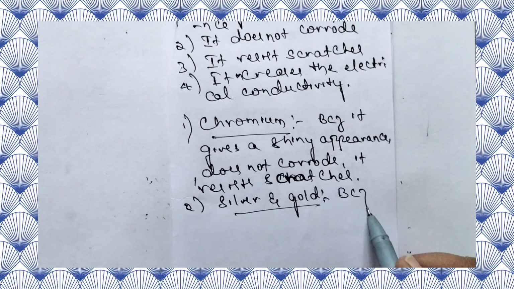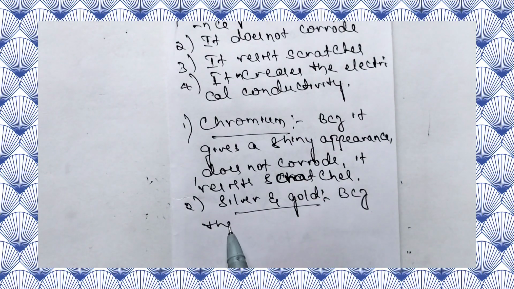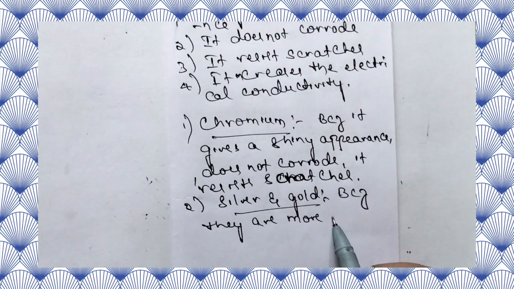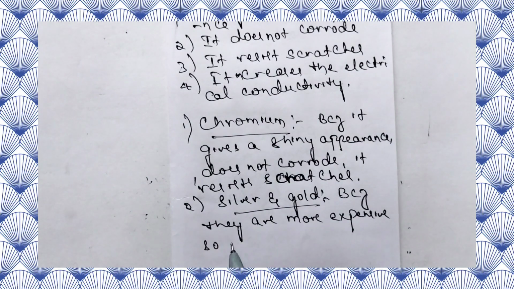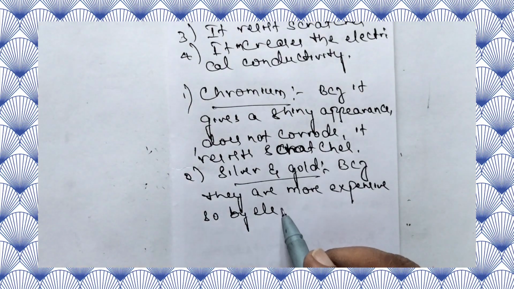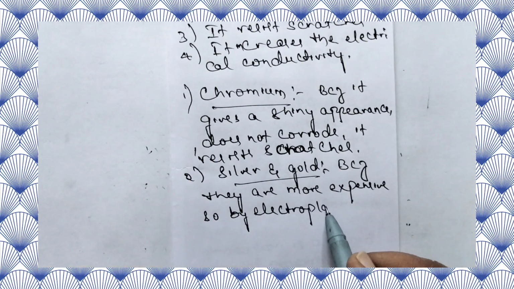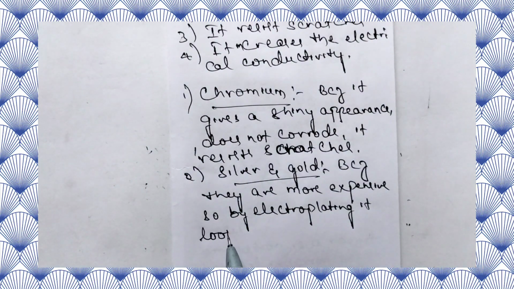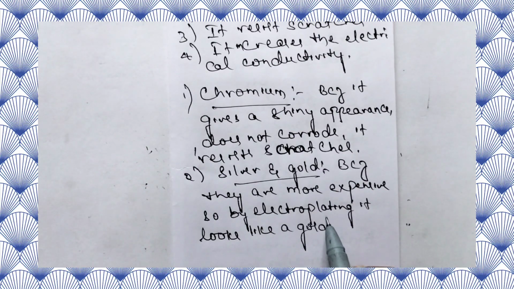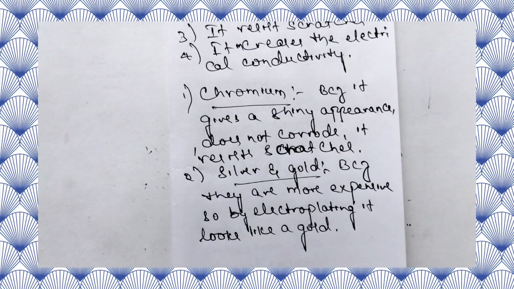Because they are more expensive. So by electroplating, it looks like gold. This is what we call rolled gold. So like this we can do it.